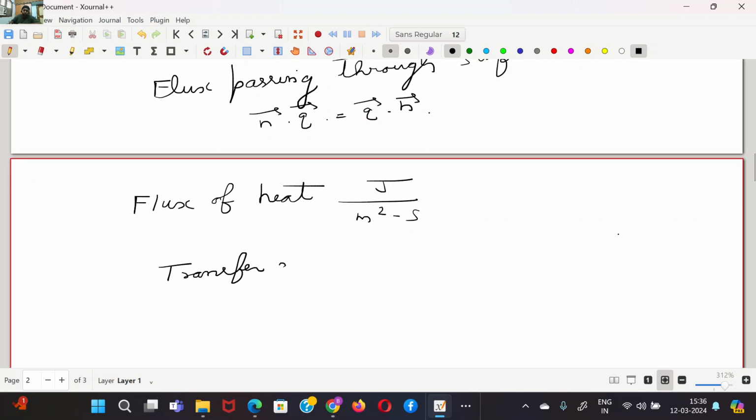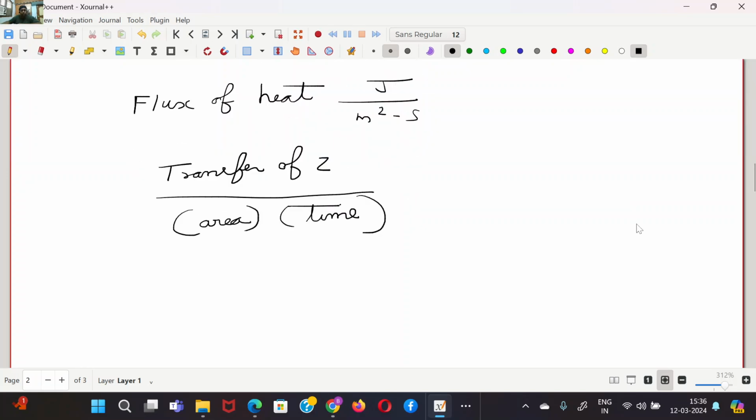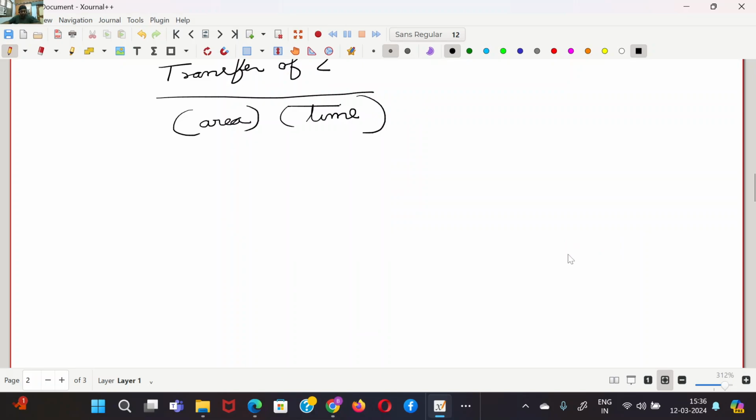Any transfer or transport of some particular quantity divided by the area normal to it divided by the time. That's the general definition of a flux. So for chemical engineering, enthalpy is a good representation of energy. Okay, before we come to that, maybe we'll solve a small problem.